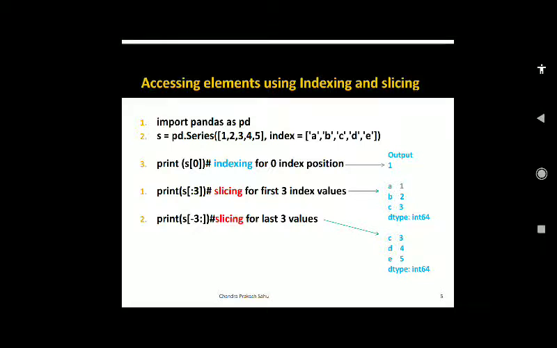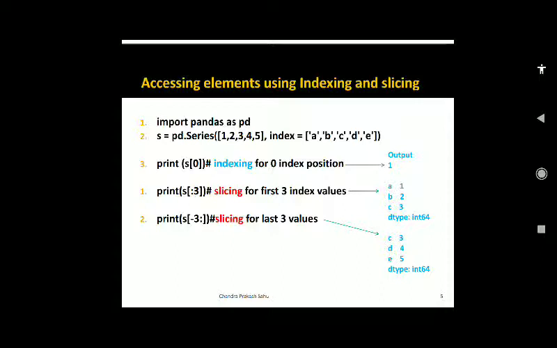Similar to list arrays, you can use indexing and slicing here. Indexing is used to access any elements. Here you simply write the series name, square bracket, and inside the square bracket write the index position.